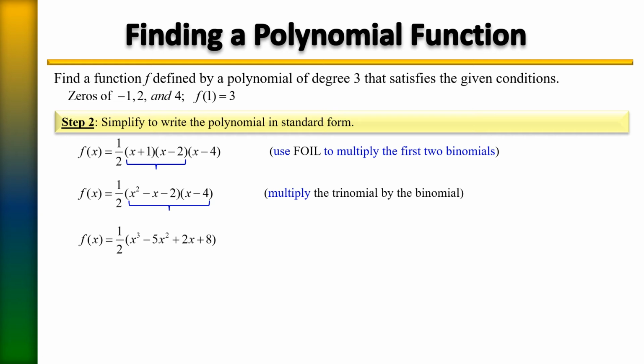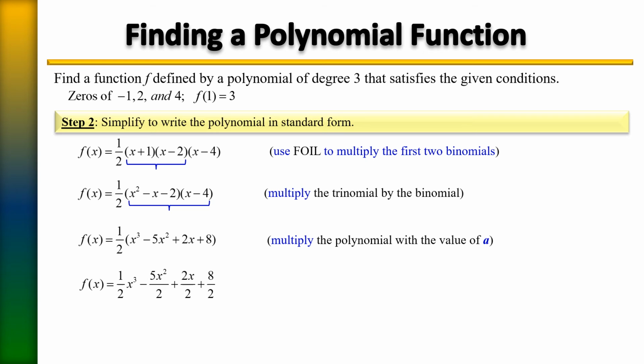Last step now is that we're going to distribute the 1/2 because it's outside, so we must distribute that 1/2 to every term within the parentheses. So when we do so, it's going to look like so.